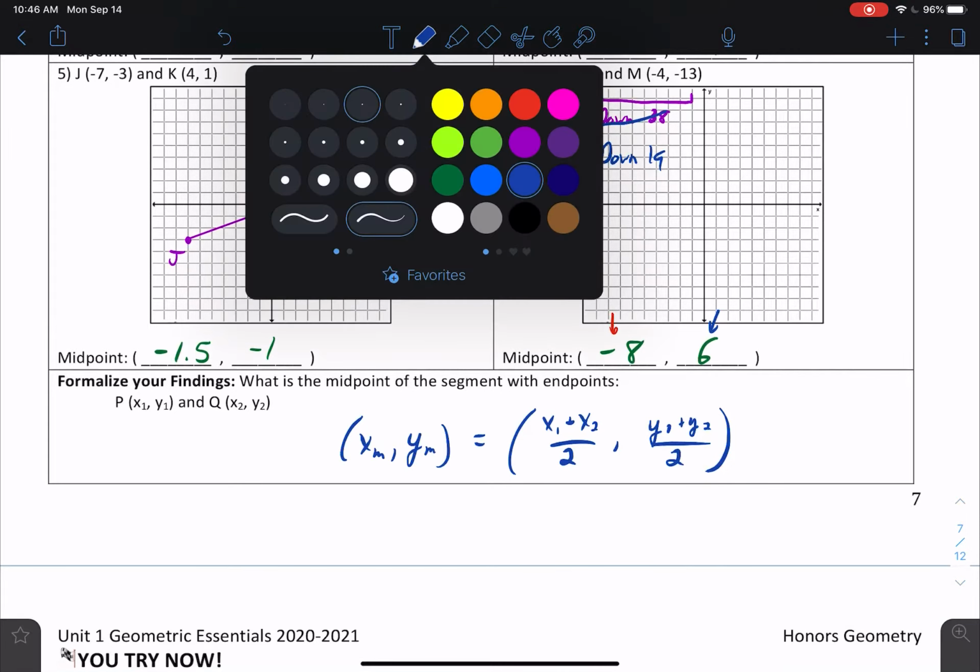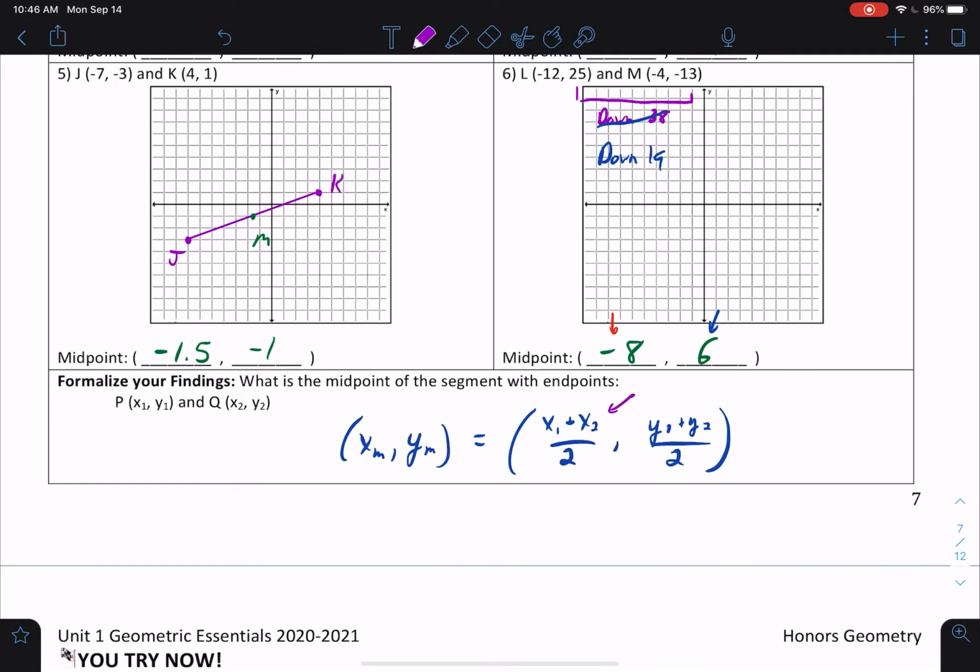Okay? So this first coordinate, that's how you get the x coordinate of the midpoint. This second formula, y1 plus y2 divided by 2, that's how you get the y coordinate of the midpoint.